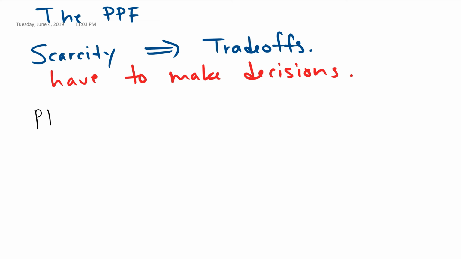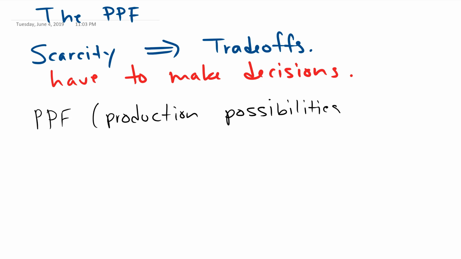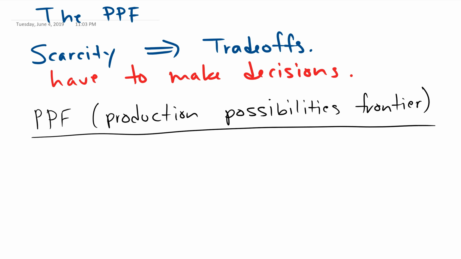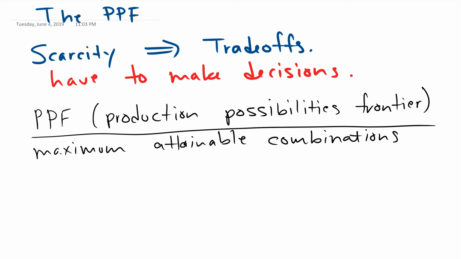So the PPF, otherwise known as the Production Possibilities Frontier, is a line or curve that shows the maximum attainable combinations of products or goods that can be produced.